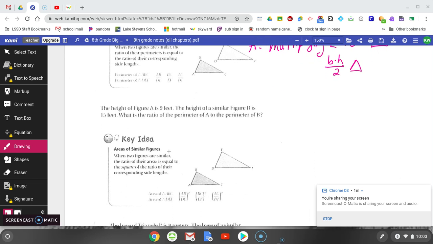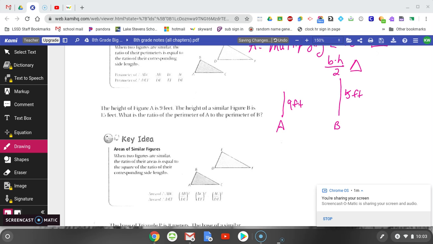So if I have a problem where it says the height of a first figure is 9 feet tall, so figure A is 9 feet tall. It says the height of a similar figure is 15 feet tall.